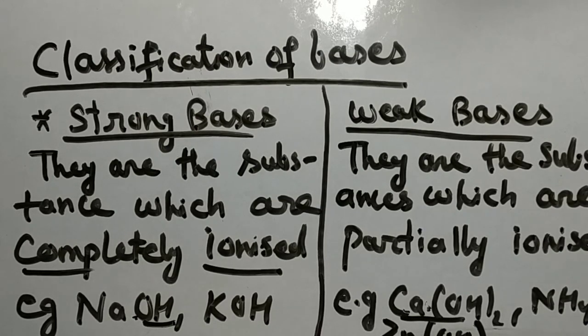That type of base in which the ionization is not completely possible is known as a weak base. And the bases in which the ionization of the OH minus ion is completely possible are known as strong bases. You have to remember the examples: NaOH and KOH are the strong bases, whereas all other bases are considered to be weak bases. Note it down and we will move to the next topic.